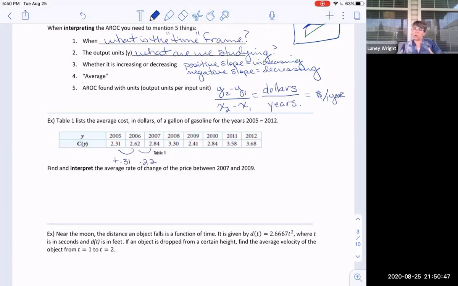So it's not a linear function. So we're not going to have a consistent slope. So that's why it's asking us to find and interpret the average rate of change. Okay, so again, that's your hint that they're asking us for the slope between 2007 and 2009.